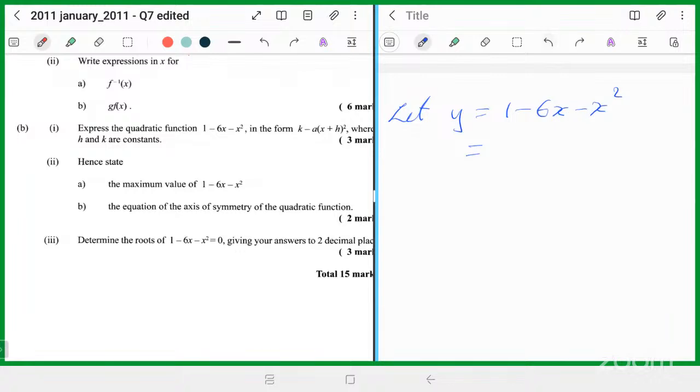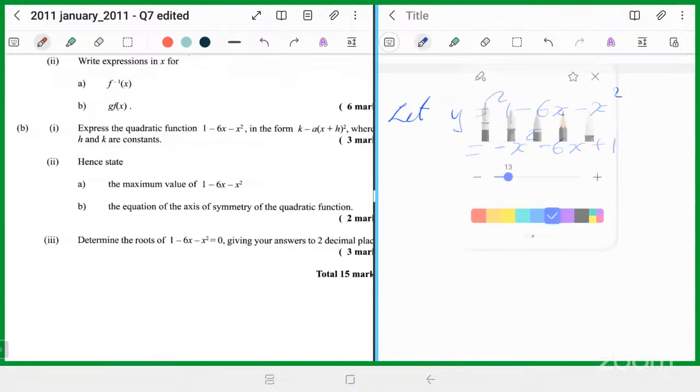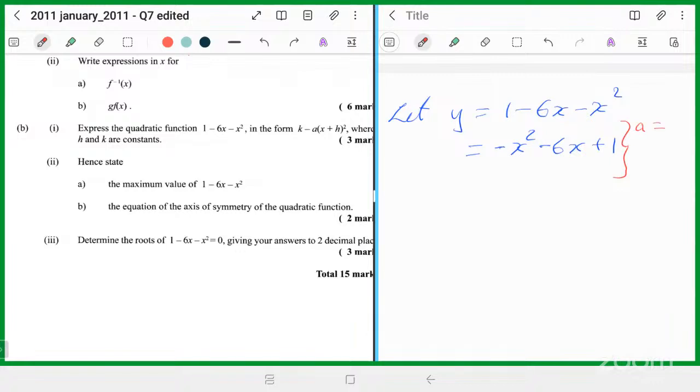So it's minus x squared, minus 6x, and then this positive 1, plus 1. So in this standard form, the a is -1. The coefficient of the x squared is -1. The b is the coefficient of the x, which is -6. So the b is -6. The c is this constant 1.